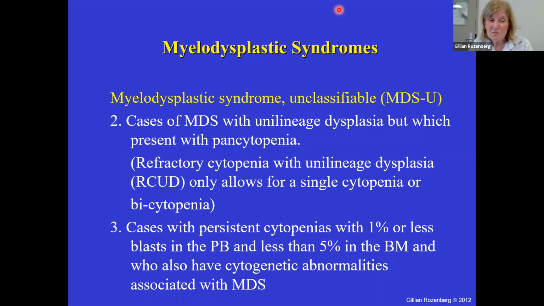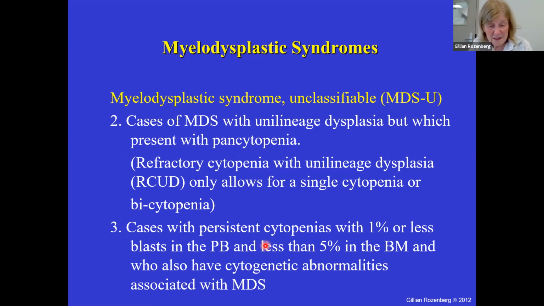The second group, cases of myelodysplastic syndrome with unilineage dysplasia, but which present with pancytopenia. Refractory anemia with unilineage dysplasia, which we talked about in the beginning, only allows for a single cytopenia or bicytopenia. Here we've got pancytopenia, so all 3 cell lines may be affected.